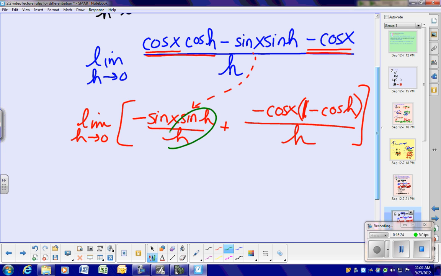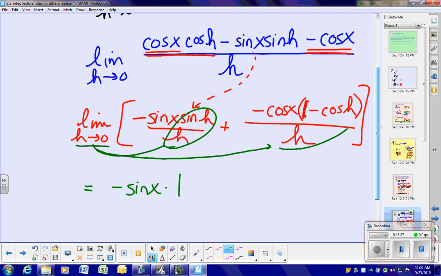But this limit with this, that part is equal to 1. So I've got negative sine x times 1. And this limit with that is equal to 0. So we have just the opposite of sine.